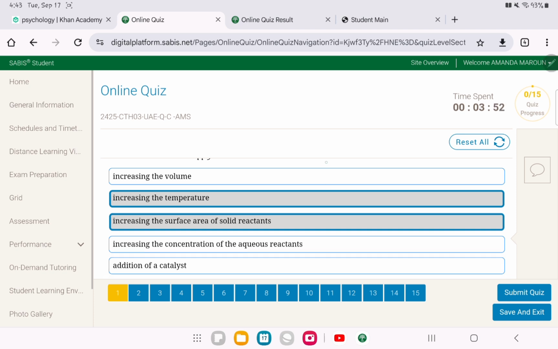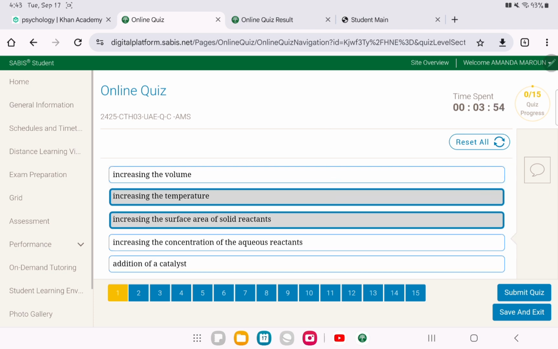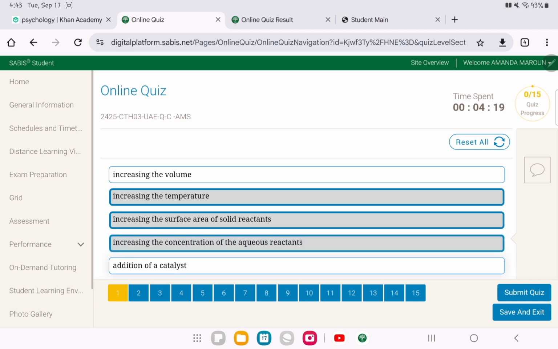Now, increasing the concentration of aqueous reactant. This is very true, because when you increase the concentration of something, you are adding, basically, okay, memorize that increasing the concentration will increase the reaction rate. Why? Because there are more reactant particles moving together.